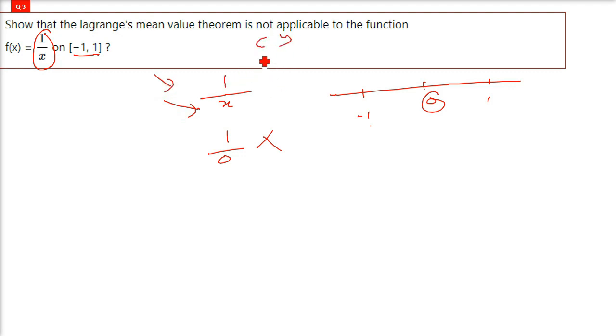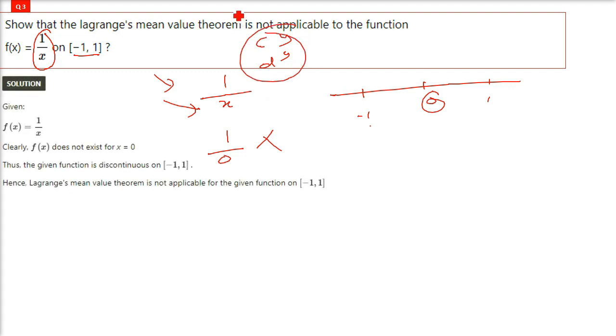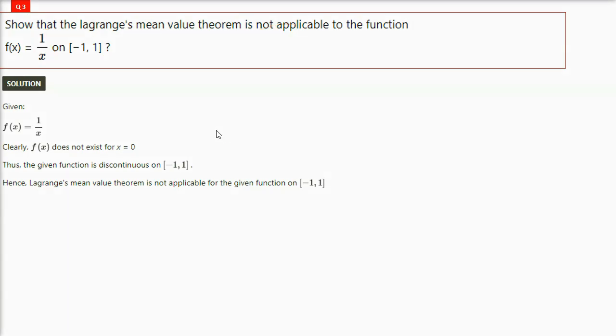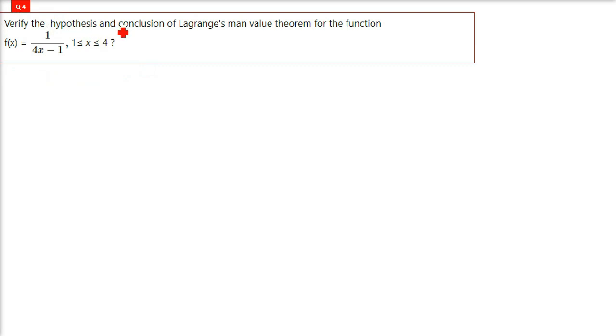So the whole idea of this question or the previous question is that you have to know whether the function in this particular interval or in this domain is continuous, and if continuous, then differentiable. If both are met, then we go ahead. Verify the hypothesis and conclusion of Lagrange's mean value theorem for the function, where x belongs to 1 and 4 in this case.